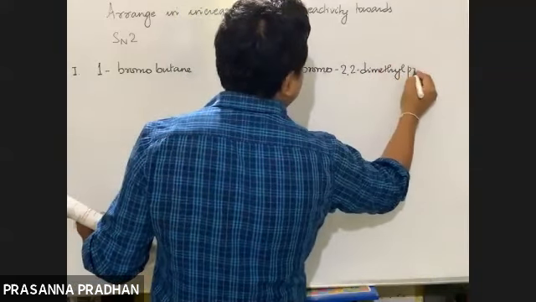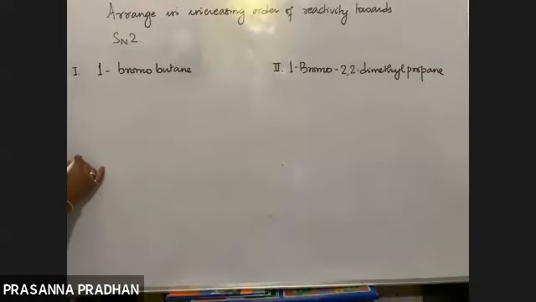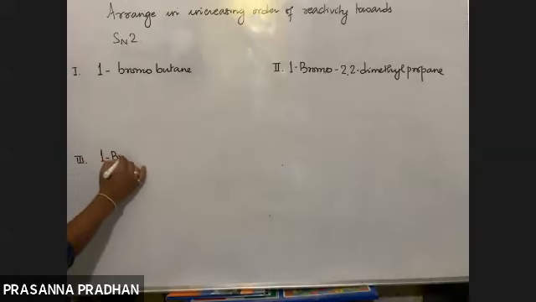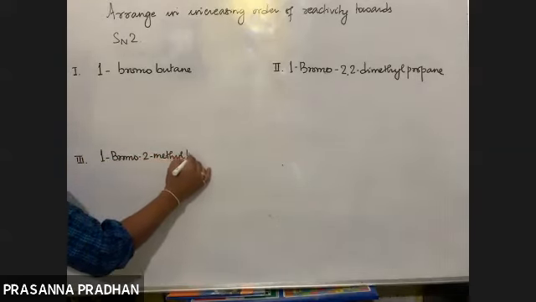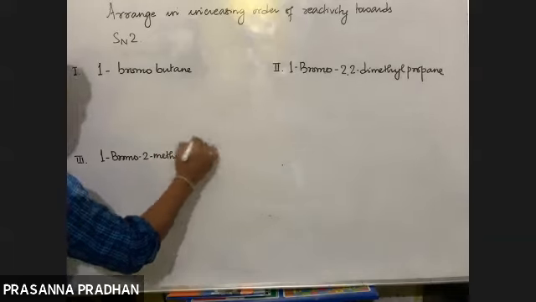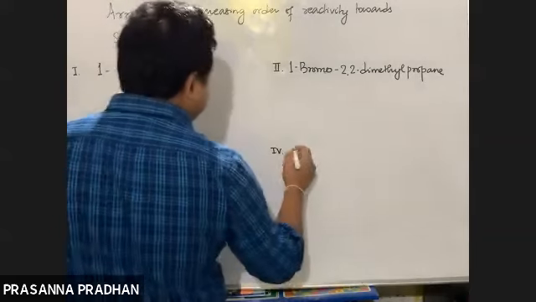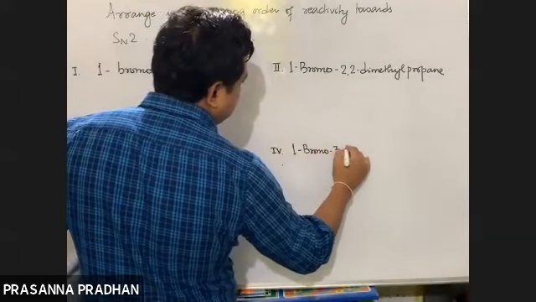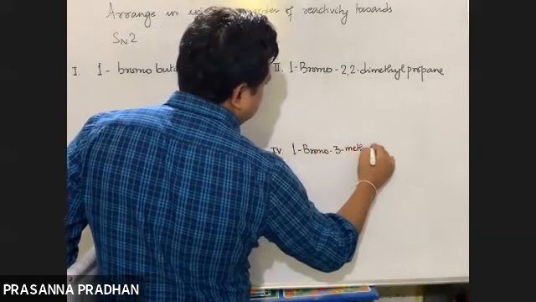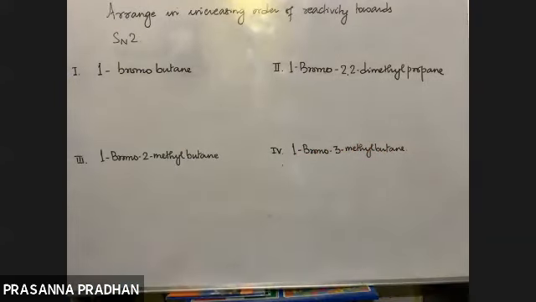Number 3 is 1 bromo, 2 methyl butane. Number 4 is 1 bromo, 3 methyl butane.